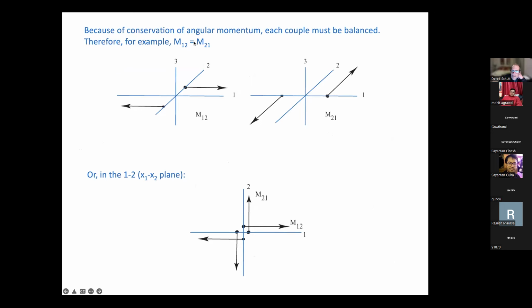Because of conservation of angular momentum, each couple must be balanced. So m sub 1,2 equals m sub 2,1. So m sub 1,2 and m sub 2,1 have to be the same. And that just produces our double couple.